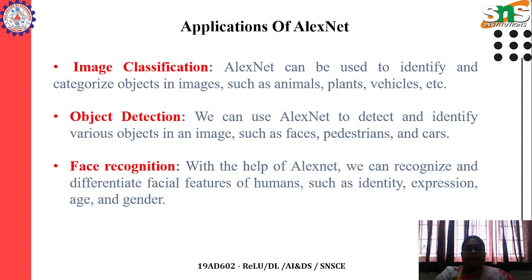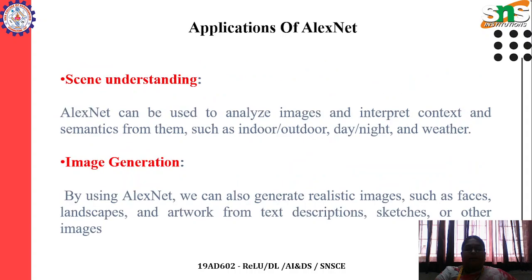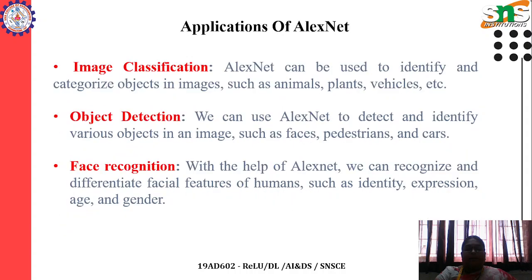Now I am going to tell you the applications of AlexNet. It is used in image classification, object detection, face recognition, scene understanding, and image generation. Image classification is categorizing images. Object detection identifies various things like faces and cars.